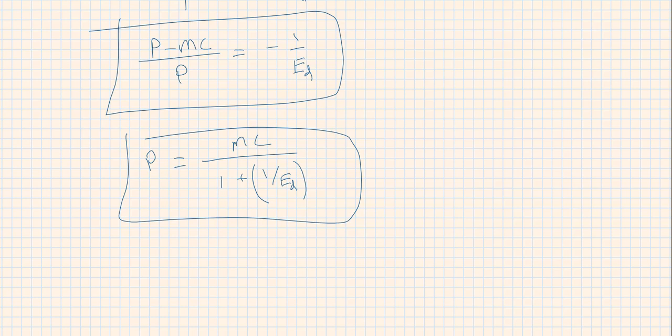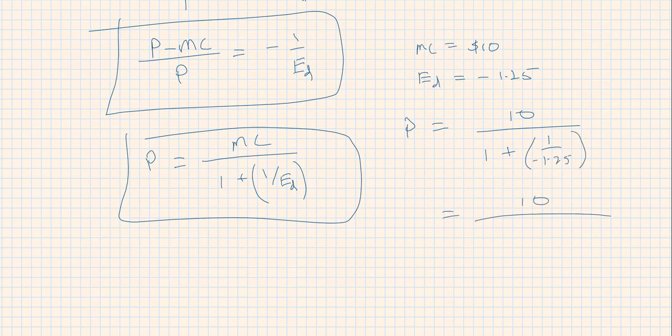So to illustrate this, let's say that our marginal cost of production is $10 and our elasticity of demand is minus 1.25. So applying this rule, it tells us that optimal price should be 10 divided by 1 plus 1 over negative 1.25, which is 10 divided by 1 minus 0.8, or 10 divided by 0.2, which is $50.